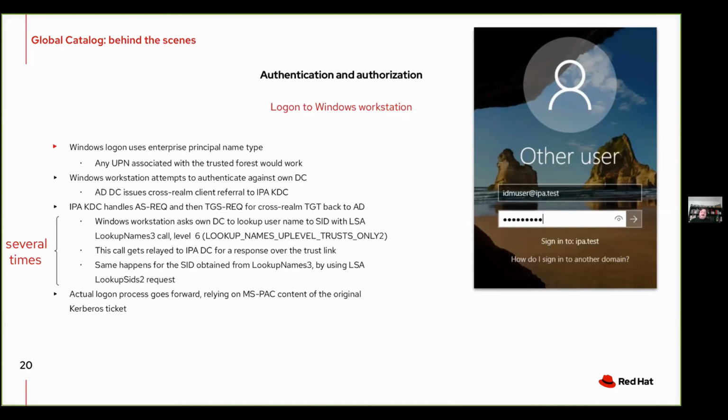The Windows workstation then asks its DC to look up the username using this service ticket to itself. And this ends up going into IPA back and forth several times. So Samba will see this lookup names 3 call, like on the previous slide.